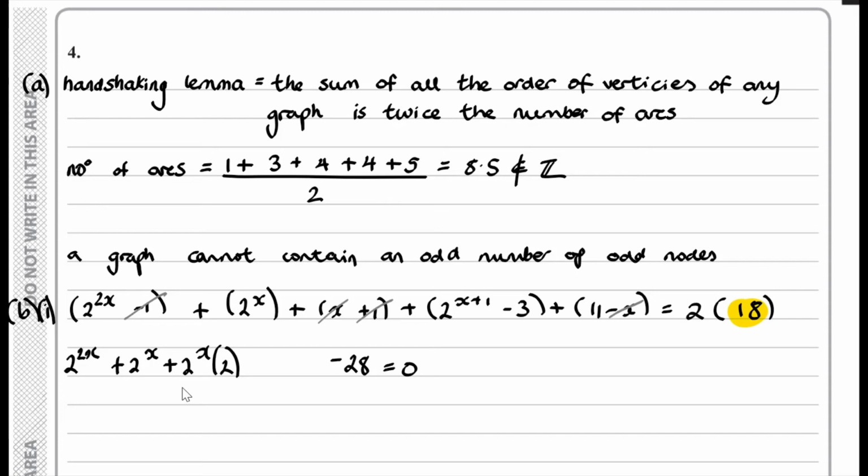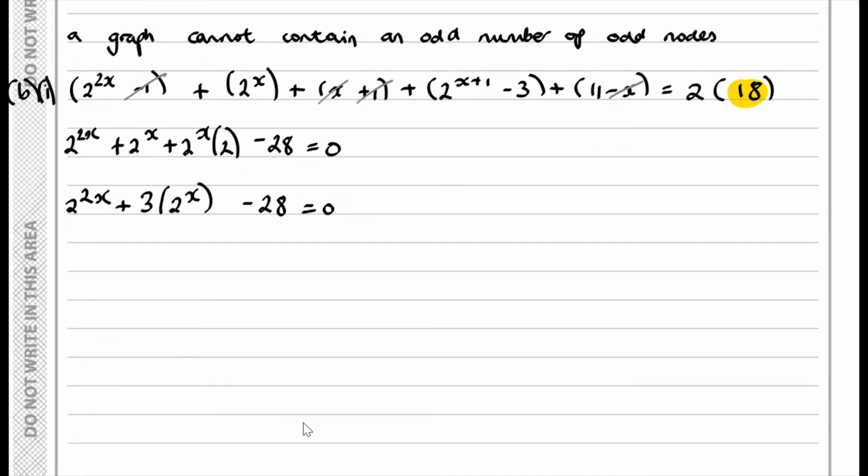So here you'd find we have 3 lots of 2 to the power of x, and here we have 2 to the power of 2x, and then we have minus 28, and this is equal to 0. Now this is a disguised quadratic which we can factorize. Hopefully you should have met disguised quadratics in your regular A-level maths.